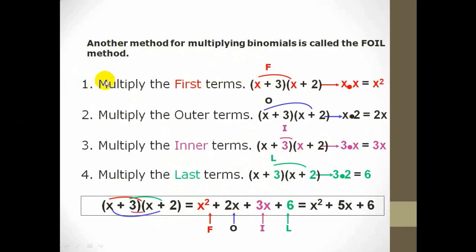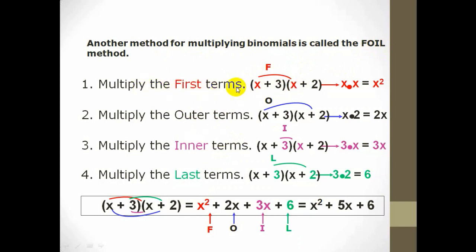Now another method for multiplying binomials is called the FOIL method. F means first, O means outer, I means inner, and L means last. How to multiply two binomials?